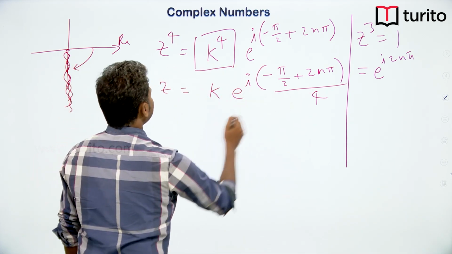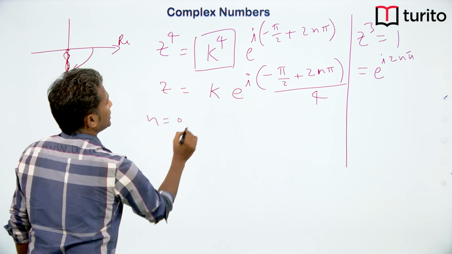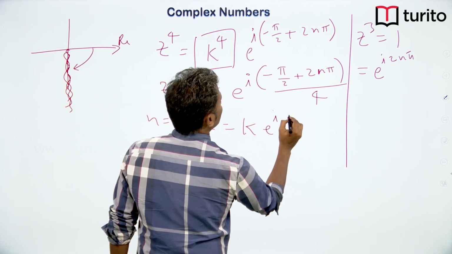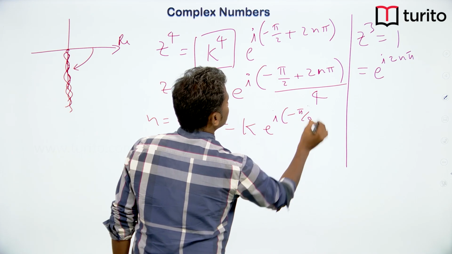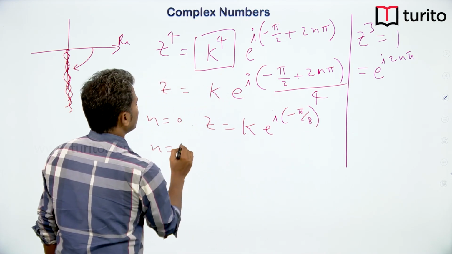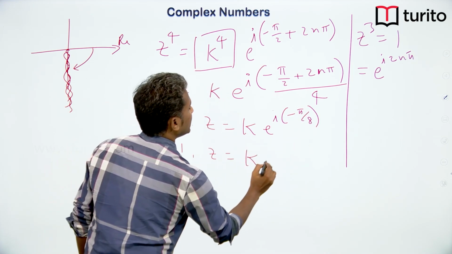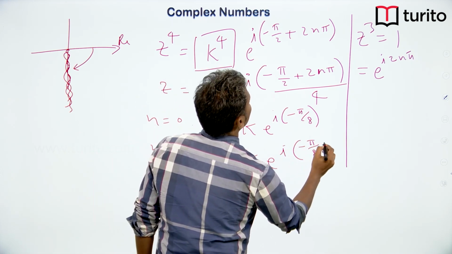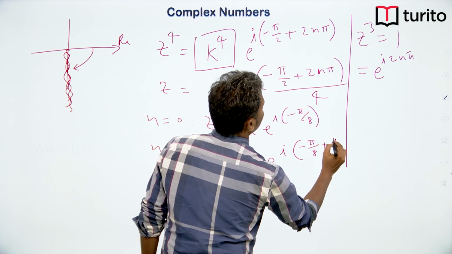Now, here if I put n equal to 0, I get z equal to k into e power i minus pi by 8. Now, if I put n equal to 1, I will get z equal to k into e power i minus pi by 8 plus pi by 2.